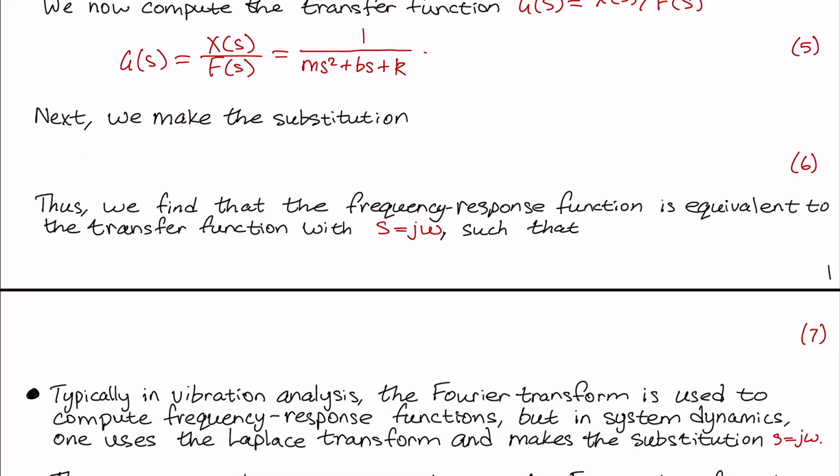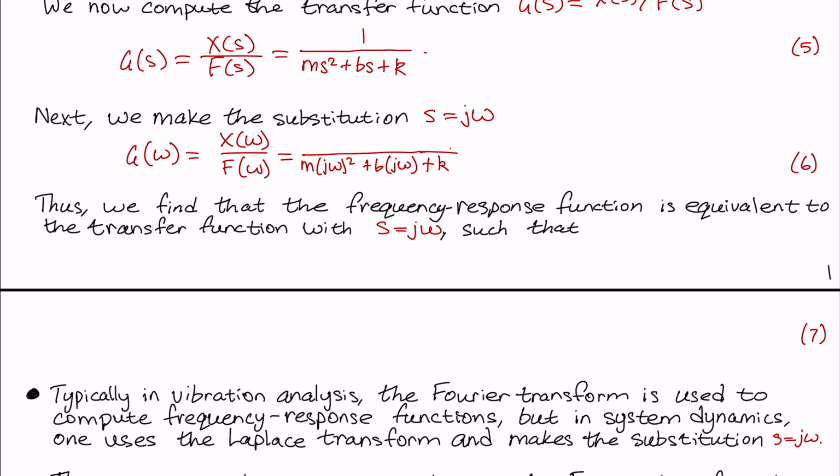From here, we're going to make the substitution that s is equal to j omega. And then we're going to get G of omega is equal to big X of omega divided by big F of omega, which is then equal to the fraction where we'll have m times j omega, that quantity squared, plus b times j omega plus k, 1 divided by all of that.